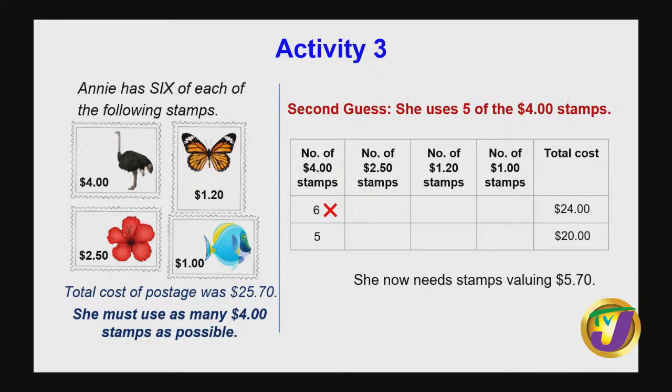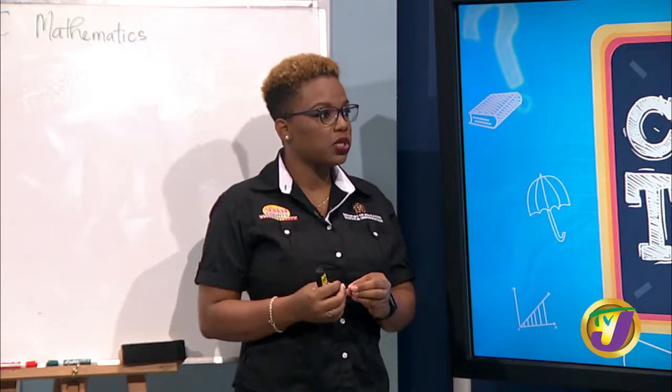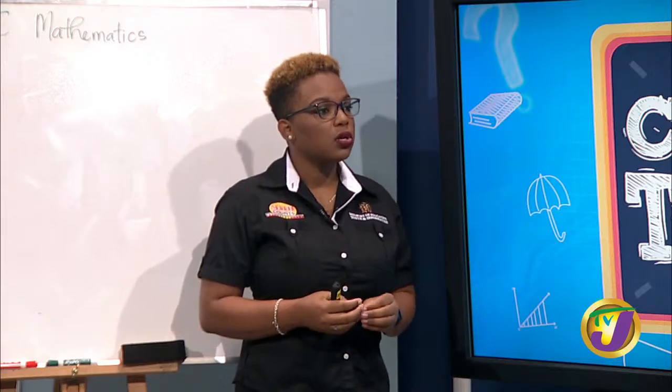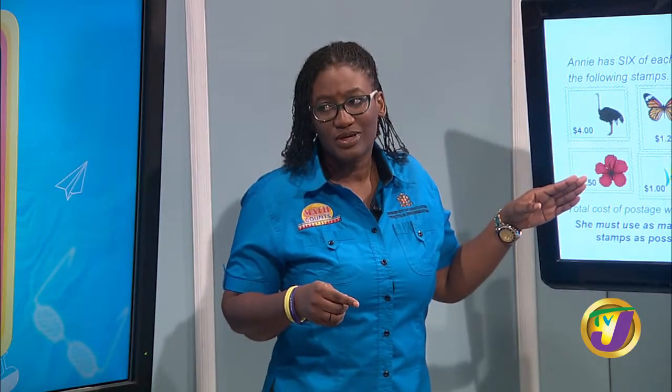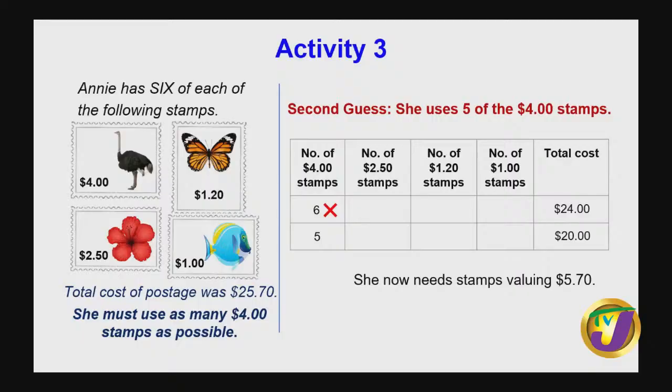She could use 1. She could use 2, maybe, but if she used 2, that would give her $5, and we have 70 cents hanging there. That 70 cents has to be a combination of 50 cents and 20 cents. So she can't use 2. Let's guess 1 for now. Let's bring in our 1 and see where we are with our total.